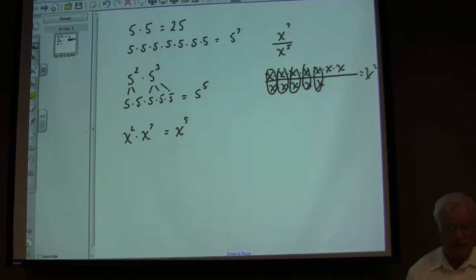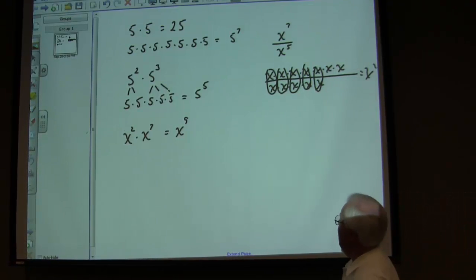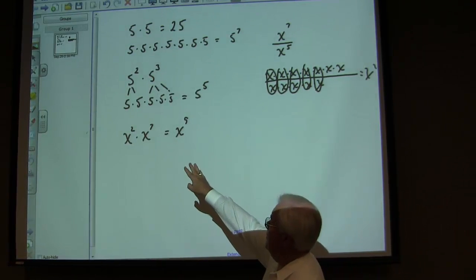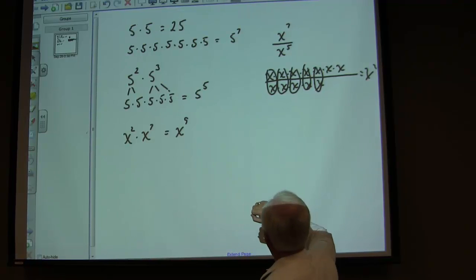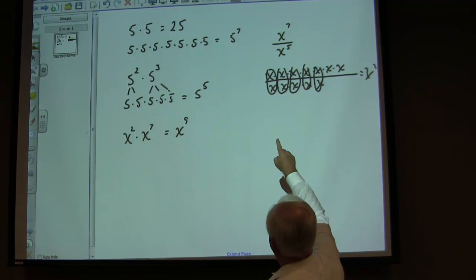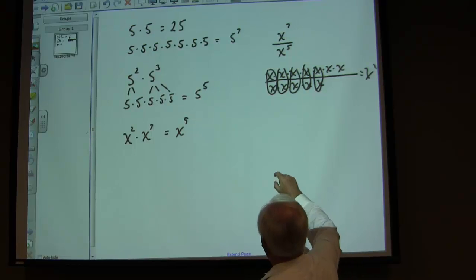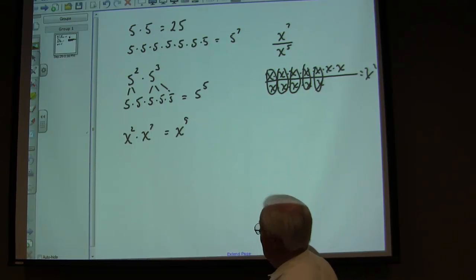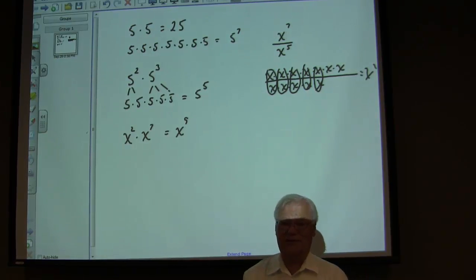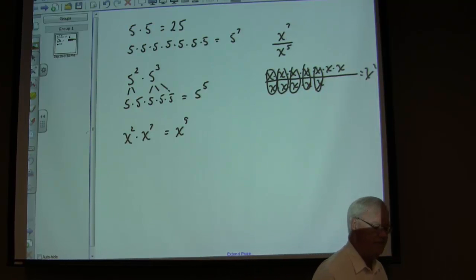So, can we make up a rule about that? Remember over here, we added our exponents. Maybe we should subtract because 5 of those subtracted out. So, x to the 7th over x to the 5th, 7 minus 5 is 2.